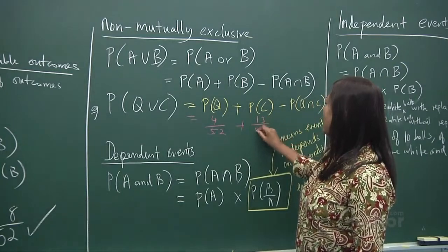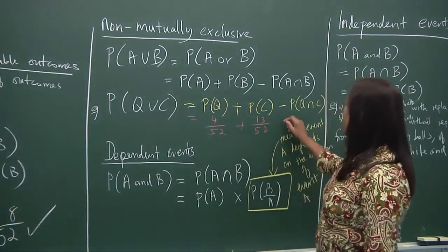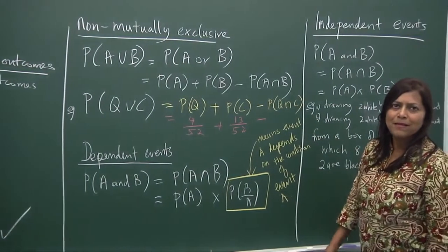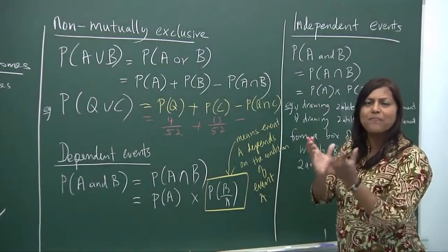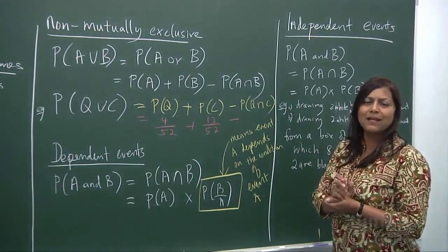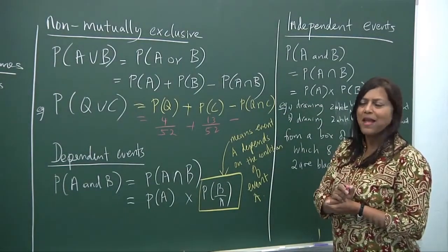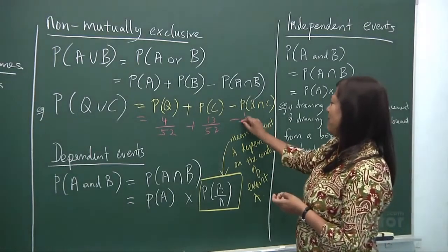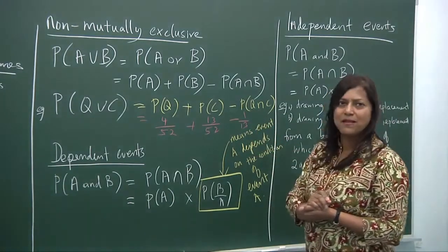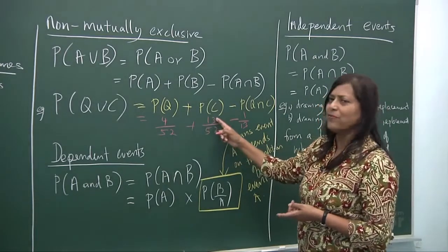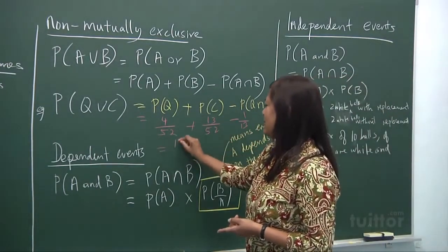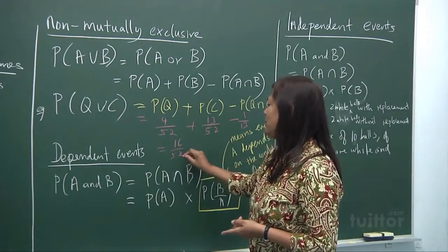It's 13 out of 52. And then a queen intersects a club. That means it's a queen from the club. In the club you have 13 cards, and 1 out of 13 is a queen. So you add them up, you've got 17 minus 1, you get 16 out of 52.